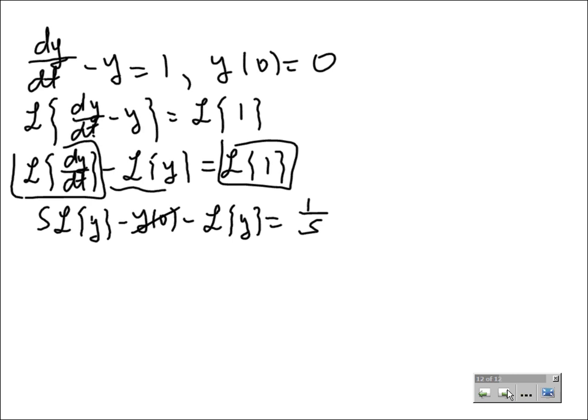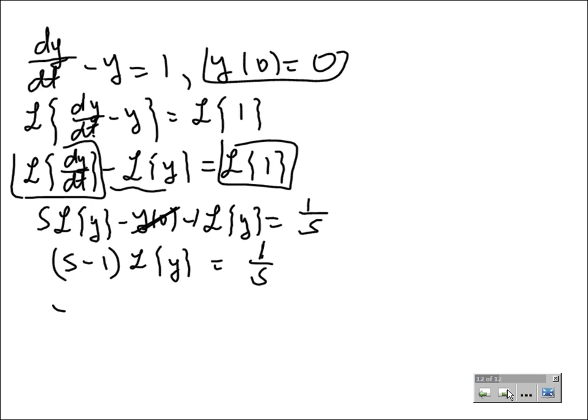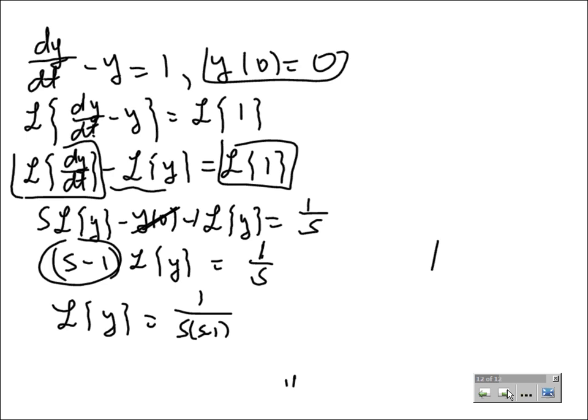Now, y of 0 was given to be 0. So basically we have s minus 1 times the Laplace of y, and that's 1 over s. Dividing both sides by that quantity, the left side just becomes L of y, and the right side becomes 1 over s times s minus 1. And you should see it by now.